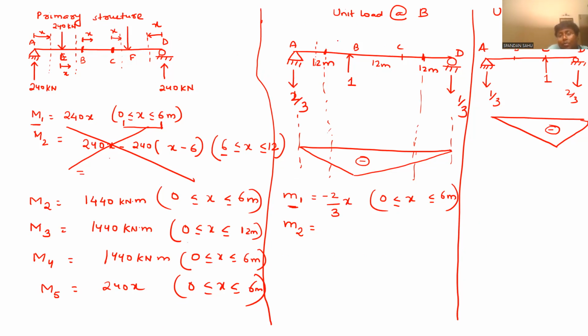If from E to B you cut a section, this will represent small m2, and that will be the bending moment due to unit load at B. So tell me, what will be the M2 value? From E to B, we have taken our X starting from E, so here also you have to take X starting from that same location. So tell me, what will be the M2 value?